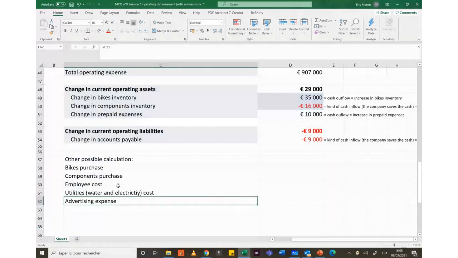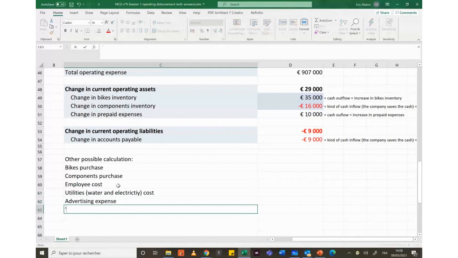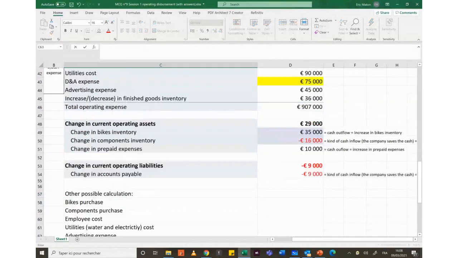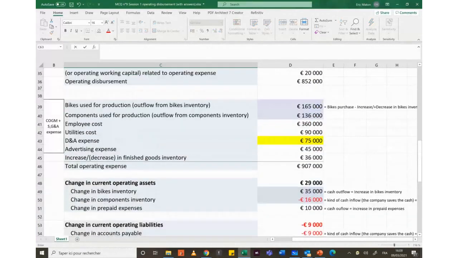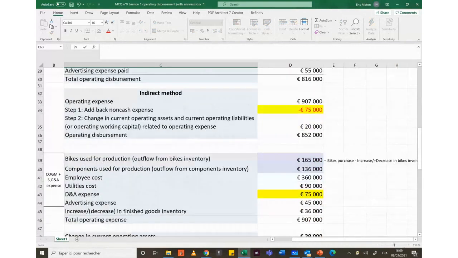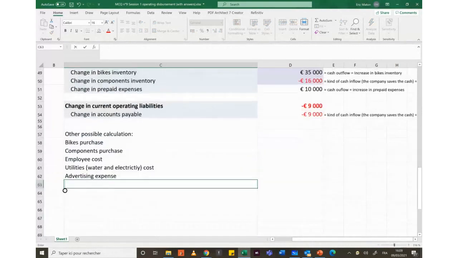We have the purchases, and here we put directly minus, because minus increase. No, it's okay. So after, I add the increase in inventories, so I have the finished goods and components.